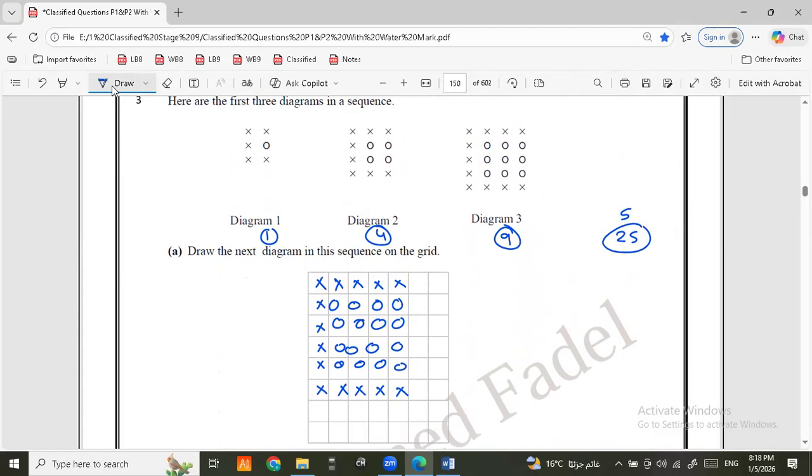If you noticed, you're going to find out that these are the square numbers. You're just squaring the diagram number. So diagram 1, 1 squared is going to give you 1. The number of circles is 1. Diagram 2, number of circles is 4 because it's 2 squared, 4. 3 squared, 9. 5 squared is 25.